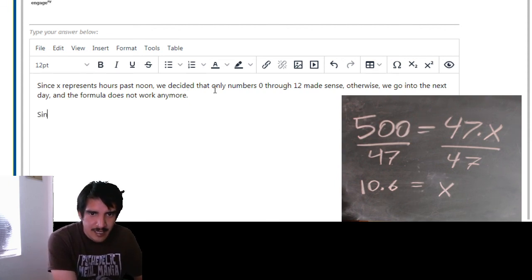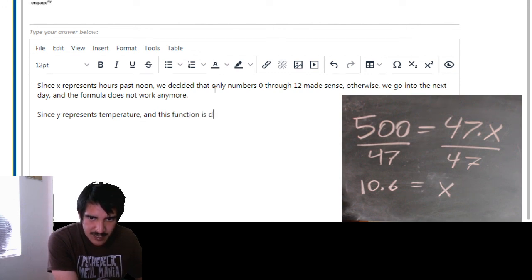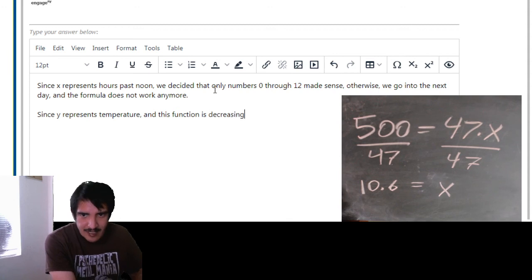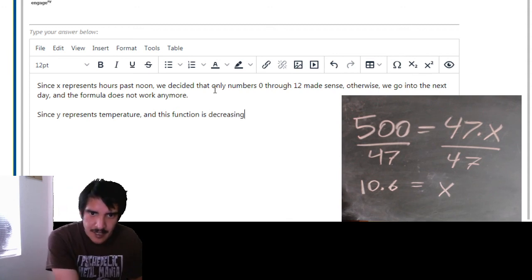And then we said, since y represents temperature, and this function is decreasing. By the way, this is decreasing because it says minus 1.5x.